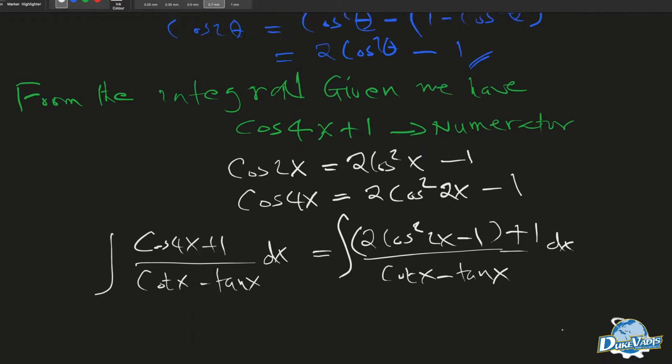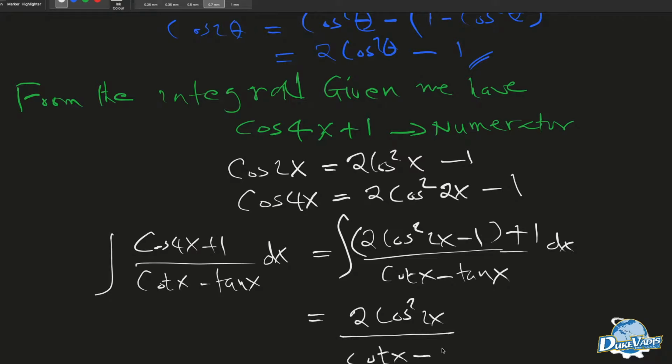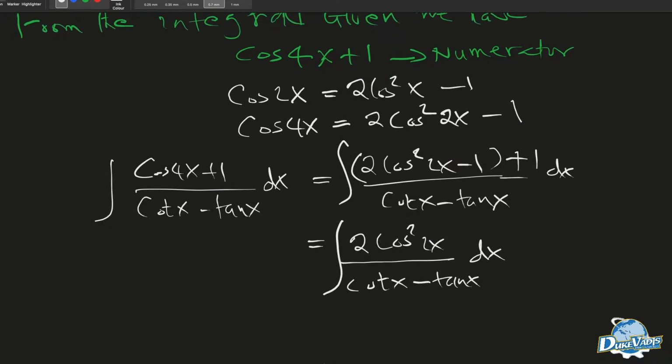The simplified form of this: 1 will cancel 1, so this will be 2 cos squared 2x over cotangent of x minus tan x dx, the integral of that.